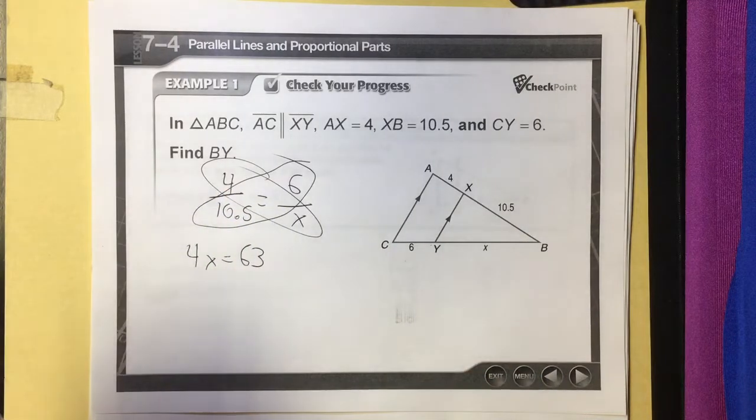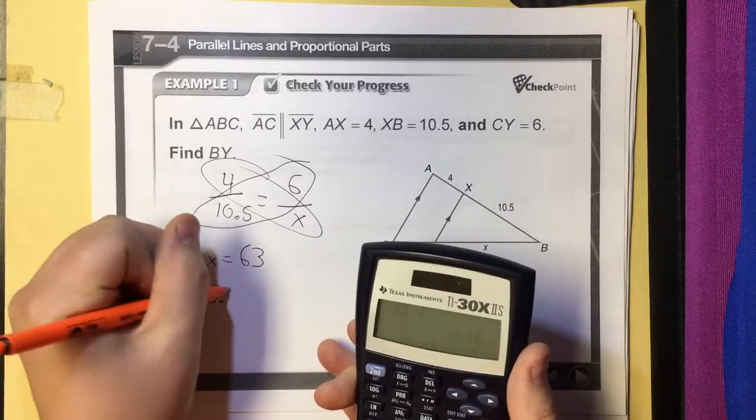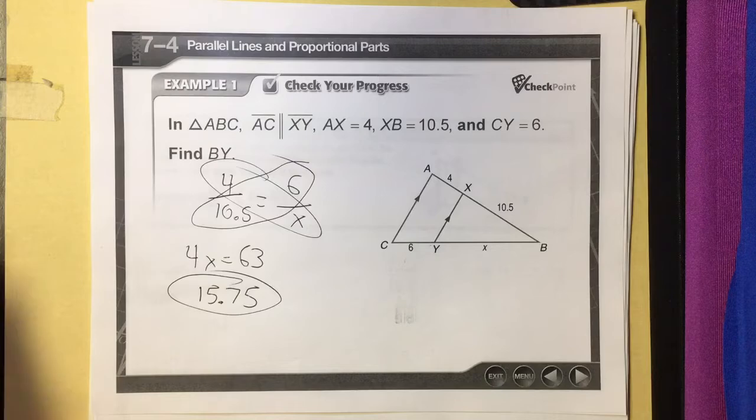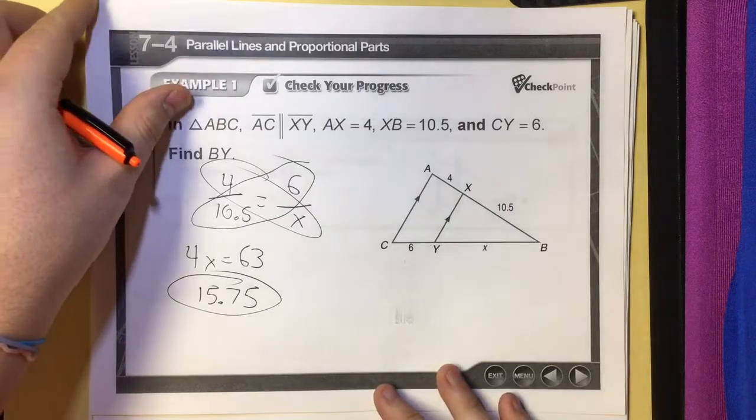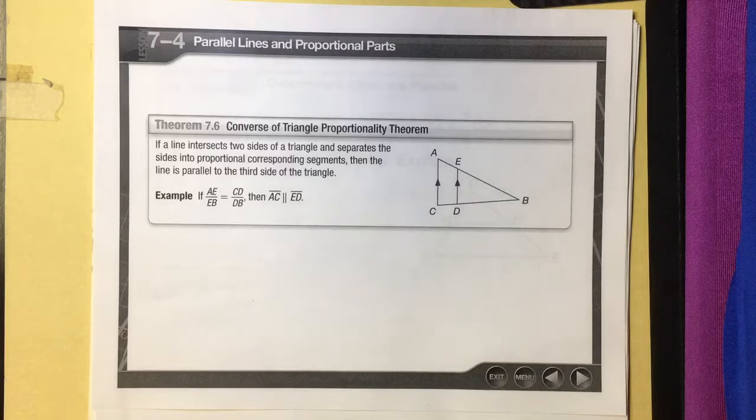Divide both sides by 4, and I get 15.75. That is both x and the side that they ask us for. So just remember, cross multiplying, use that parallel side as your fraction bar.